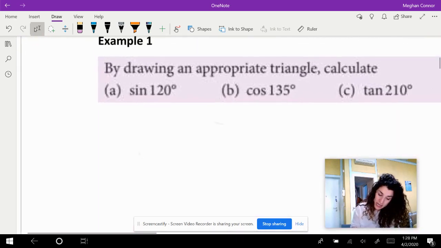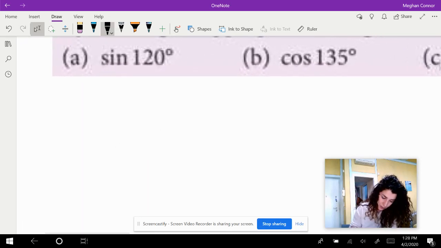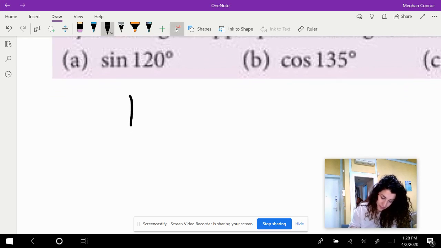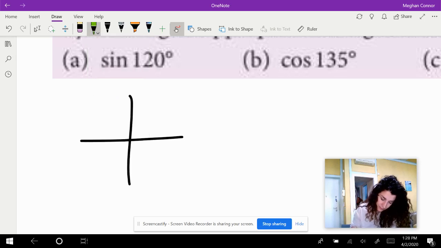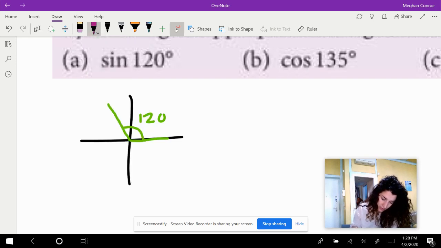Begin by drawing an appropriate triangle to calculate these guys. I'm going to draw my x and y. I know that I'm peeling off to make an angle that is 120. That results in a triangle that looks like this.